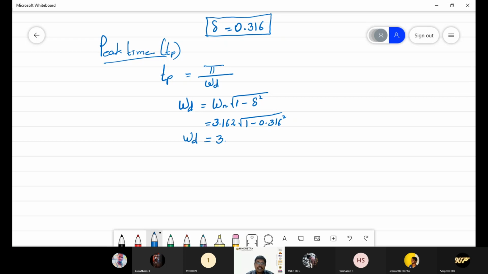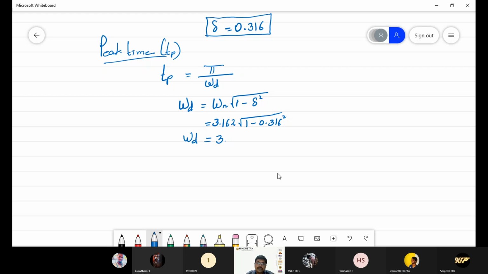Please do it correctly. That is 0.316 the whole square, right? Yes, 0.316 the whole square. Then you substitute 1 minus that value into the root. Then you take the root and multiply with 3.162. I hope you will get 3 as the value. Please check again whether we are getting the values. Others, can you check?